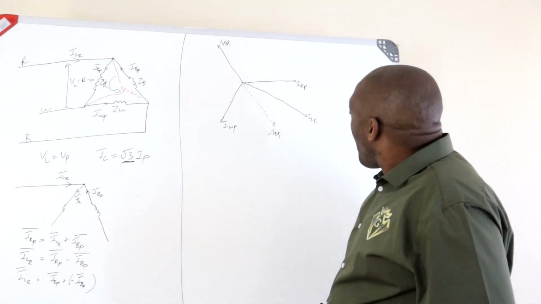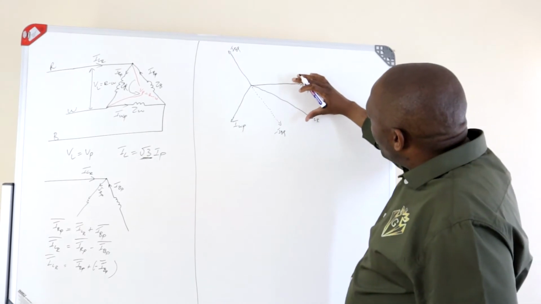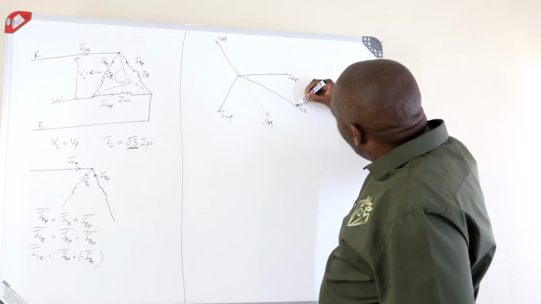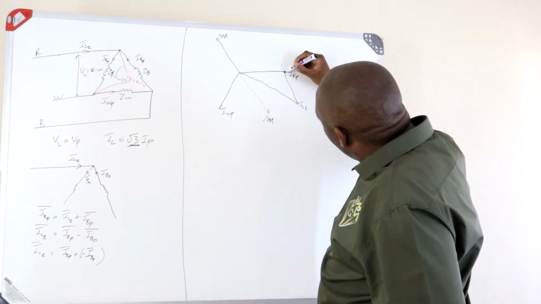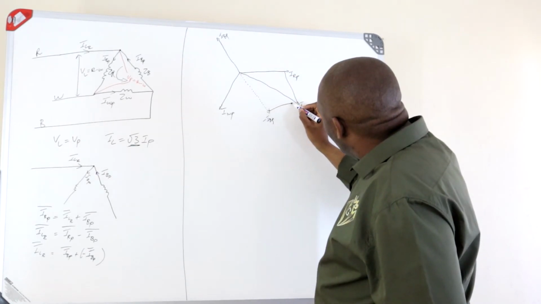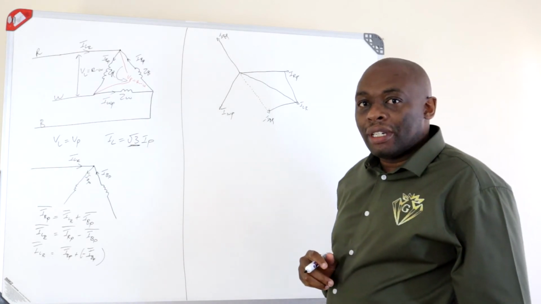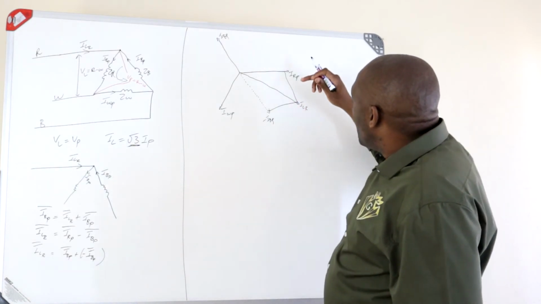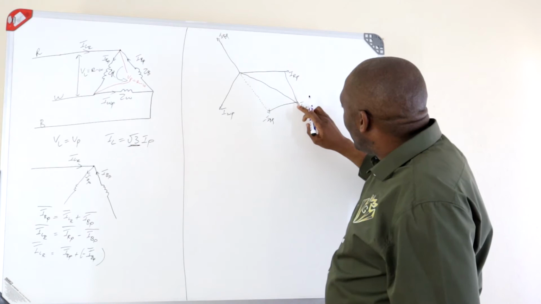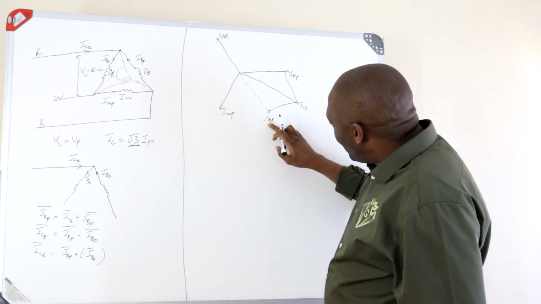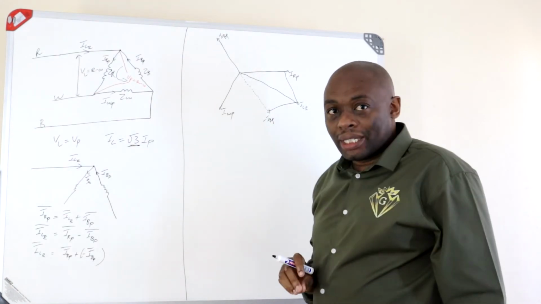So now if we look very carefully, if we add this line here and this line here, remember that I'm trying to establish a relationship between our phase current and our line current.